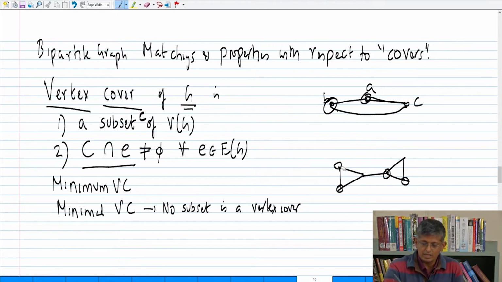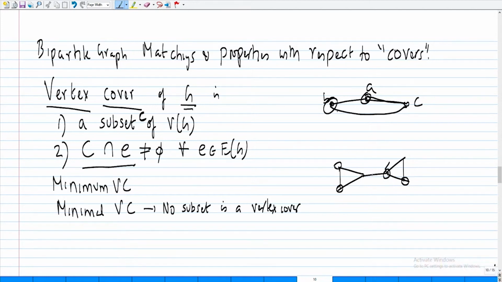Do I need this at all? Yeah, I need this. So I can't remove any one vertex. For example, if I remove this vertex, then this edge will not be covered. If I remove this vertex, this will not be covered, and so on.